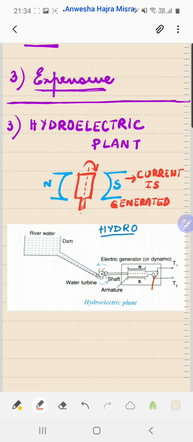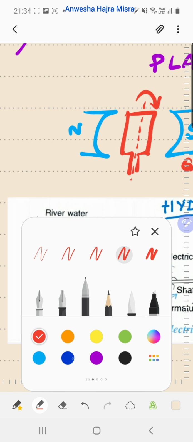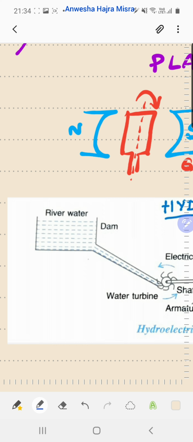Now, in a hydroelectric power plant, what happens? Water is taken to a top. Now, this water has gravitational potential energy.